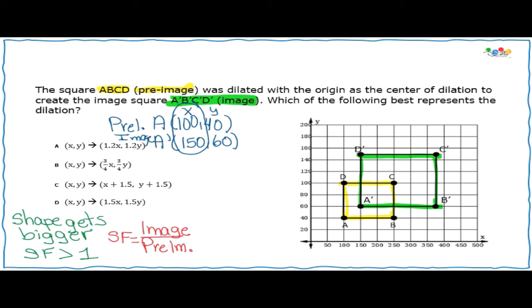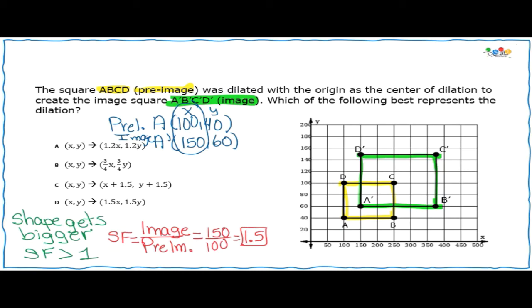Very important that I know my numbers, right? Because now I'm going to write them down on my problem below so that I can compare. So I want to compare the X's. So the image is 150 and the pre-image is 100. What do I get as an answer? 1.5. Very good. That will be my scale factor for one of my numbers.